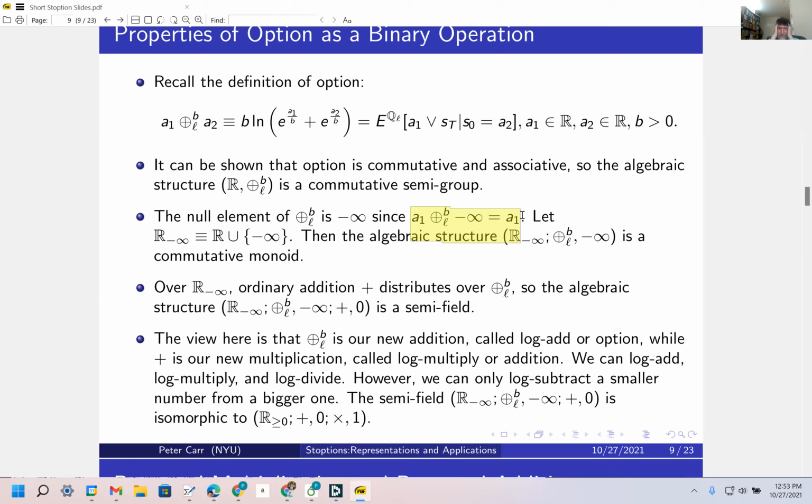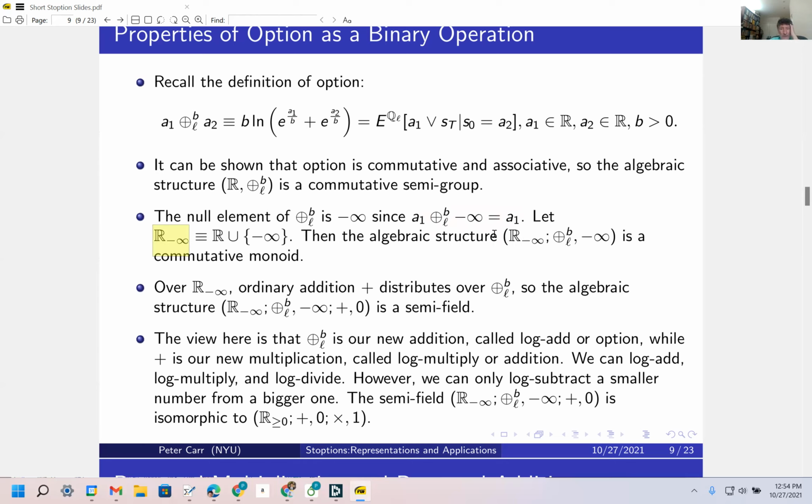And so saying it financially, if you had a married put, but the strike was actually minus infinity, then that's just like having the underlying, because you would never choose minus infinity over the real value of the underlying at maturity. So the set we're now formally working over, if we want to include minus infinity in the set, is going to be denoted by the real line with a subscript minus infinity.